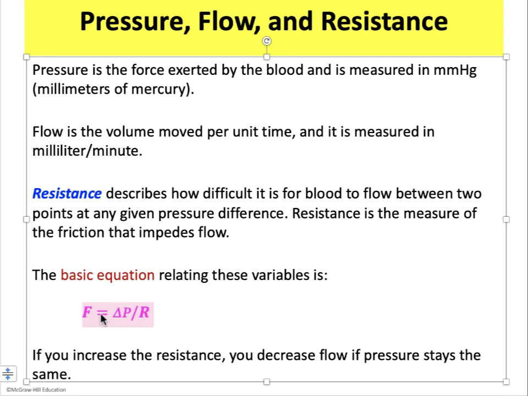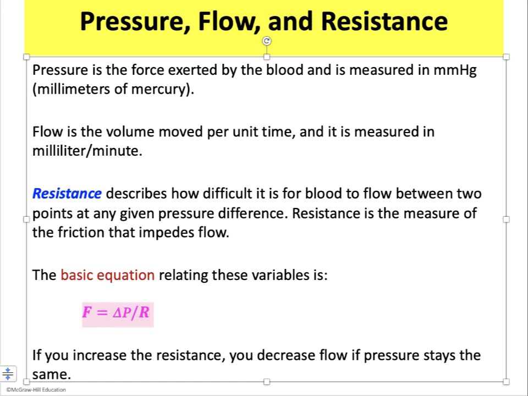Therefore, there's an equation relating pressure to something called resistance. So resistance is the pushback that you get for blood flowing through any particular pipe. So resistance is measured as friction that impedes flow. The important equation, therefore, is flow is proportional to the pressure change, and flow is also inversely proportional to the amount of resistance.